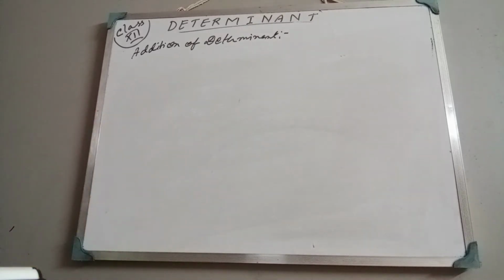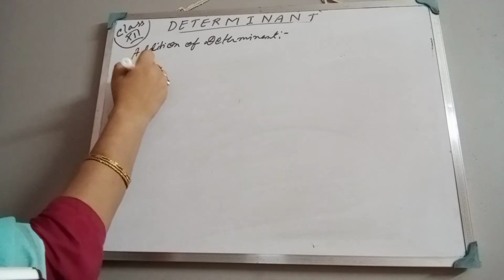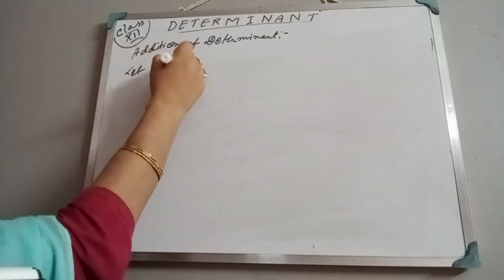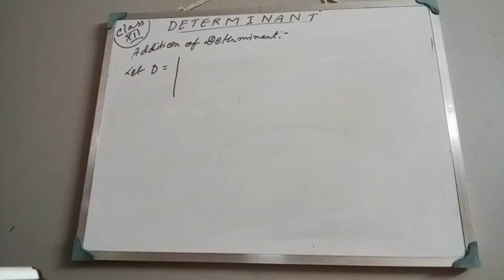Addition of determinant. If each element of a row or column of a determinant is given as the sum of two terms, then the determinant can be expressed as the sum of two determinants. That means let D equal, if each element of a row or column of a determinant is given as the sum of two terms.